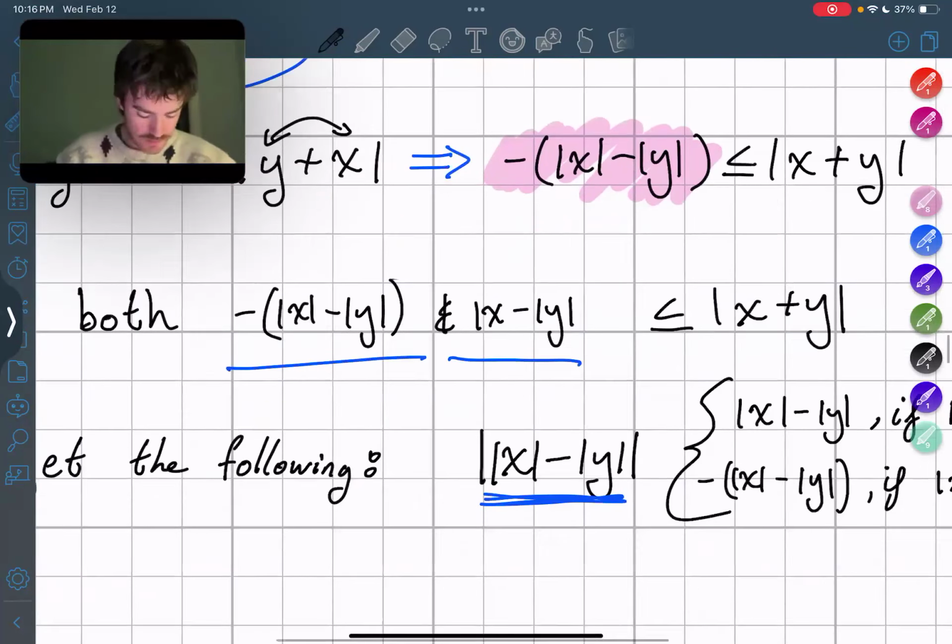Some of you may be realizing that in both of these, we have the absolute value of x plus y. And this is a great thing to notice. So let's talk about it a little bit more.